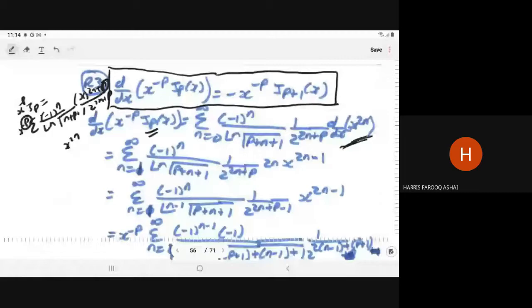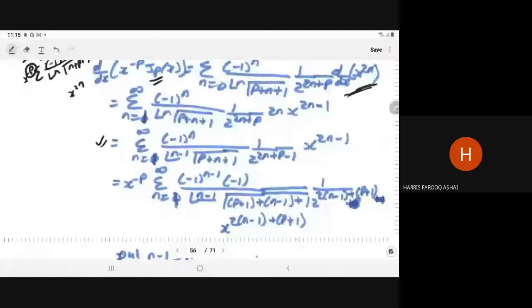Now when we are taking the derivative, please take care: you have to start the summation from n equal to 1. Otherwise x to power will come negative. If you take n equal to 0, it will come negative. So you have to start the summation from n equal to 1 to infinity.